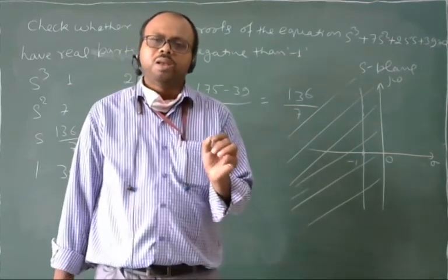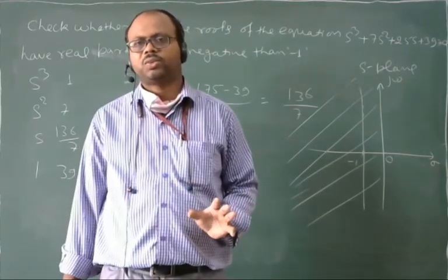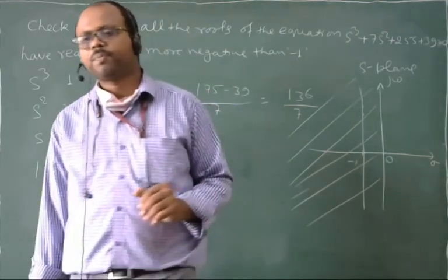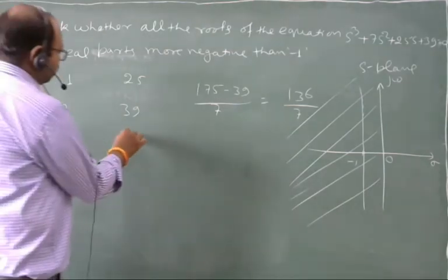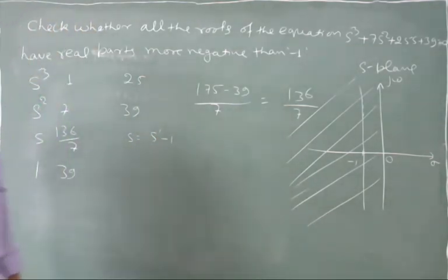So let's change the origin of the characteristic equation. Let's change the center of the characteristic equation, right? And to change the origin of the characteristic equation, we just put S is equal to S dash minus 1, right?